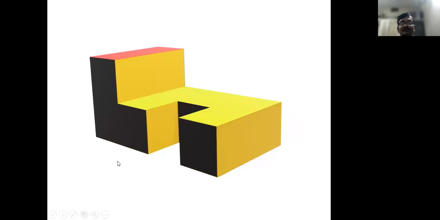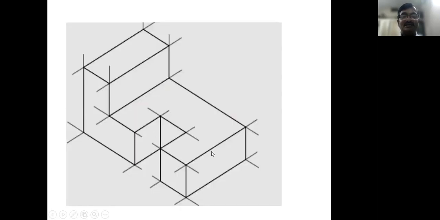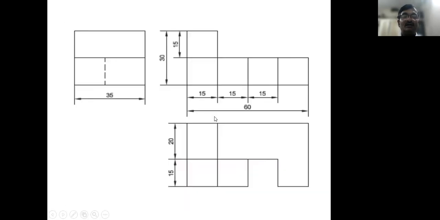Here is an isometric drawing of an object. You can easily understand the shapes here. This is drawn at an angle of 30 degrees. But this same object is drawn like this also.